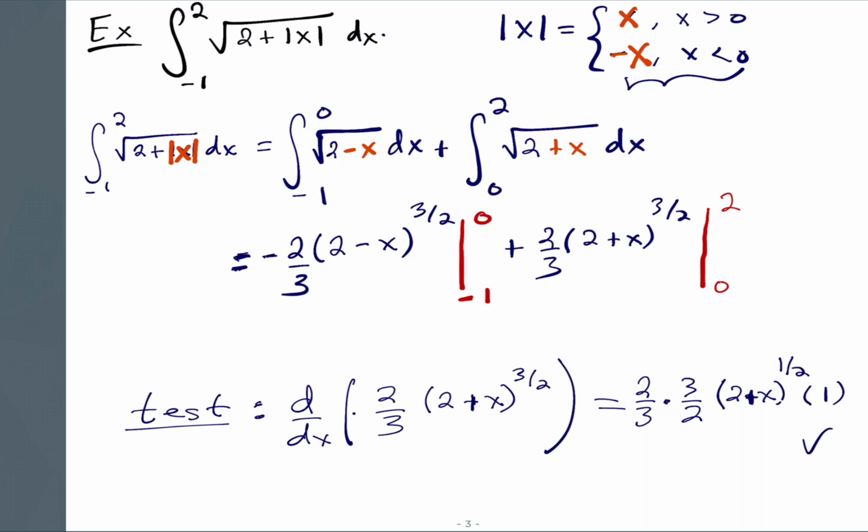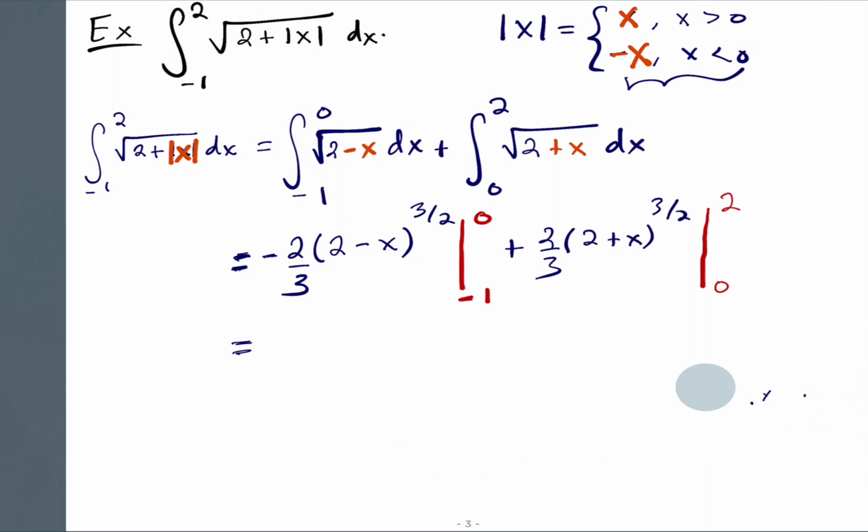All right, so now, what is this equal to? So let me erase this down here. All right, so let's see. I'm going to have minus 2/3. If I plug in 0, I'm going to have 2 to the 3/2, minus 2/3, 2 minus minus 1 is 3 to the 3/2, right?